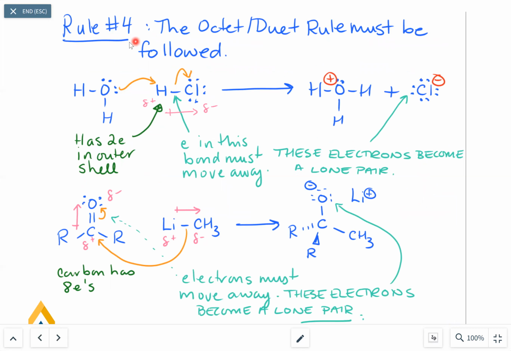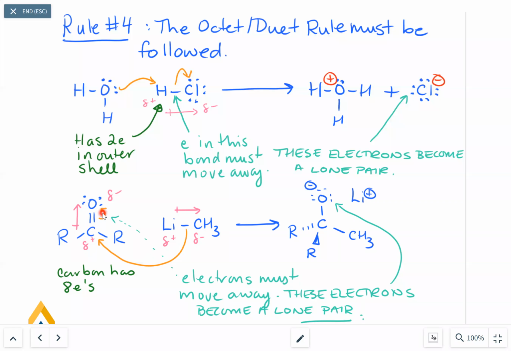And the fourth rule is what I tried to explain before, which is that the octet/duet rule must be followed at all times. So water attacking HCl grabs, these electrons move on to the chlorine and become a lone pair. If the carbon here attacks this carbonyl, this carbon's got 2, 4, 6, 8 electrons.